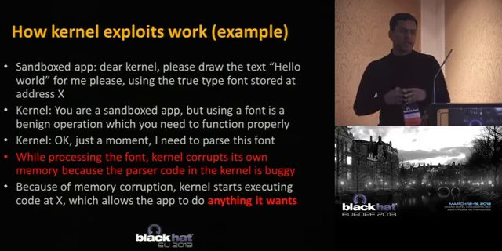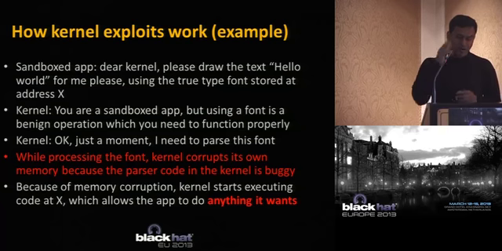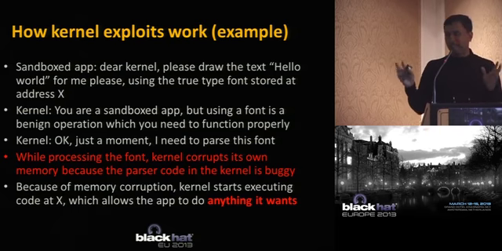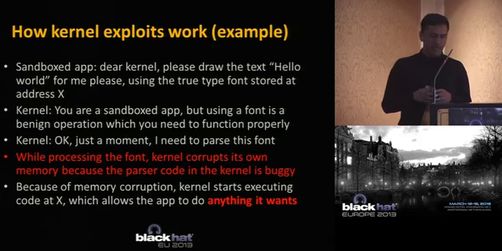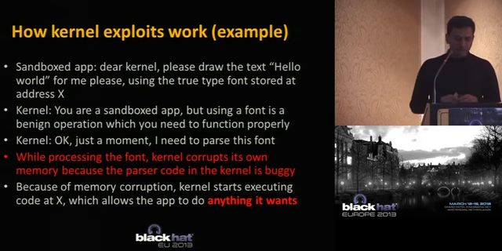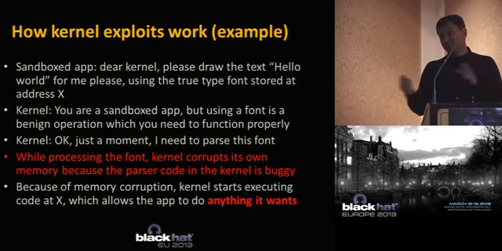Now say I have a kernel exploit. How would it work? The sandboxed app says, dear kernel, please draw the text hello world for me using the TrueType font stored at address X. The kernel says, you are a sandboxed application, but using a font is a benign operation, which you need to do to function properly.